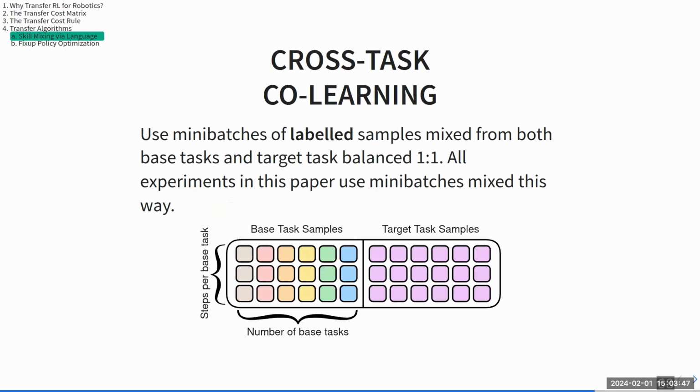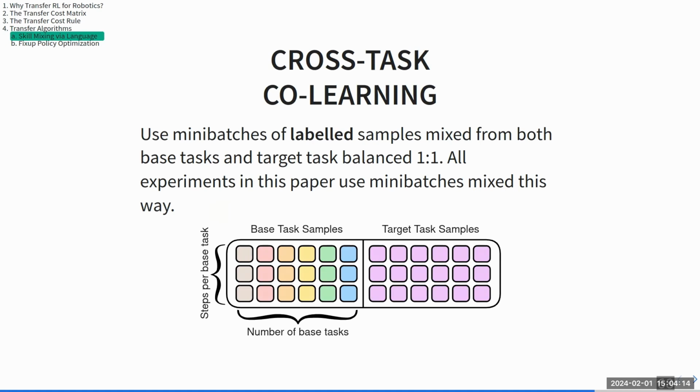Critical to how this works is we want to still be able to do some type of transfer between tasks. And I found that this method works very well. In fact, this is almost the strongest part of the paper, where we do something I call cross-task co-learning, or sometimes one-to-one data mixing. The idea is that instead of taking all of our data and just sometimes running different batches from different tasks, we're going to take data action pairs from each of our tasks, and we're going to label them with what task they're from.